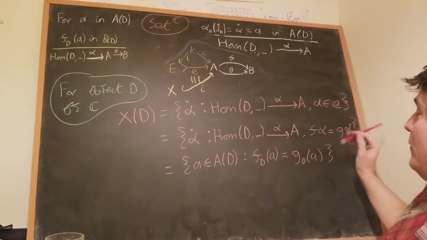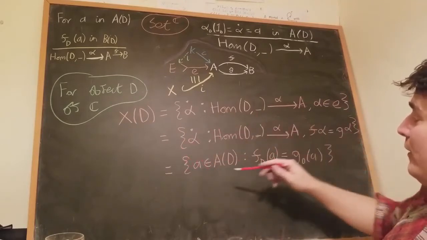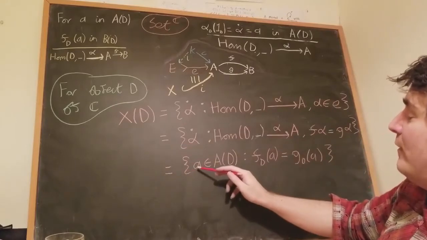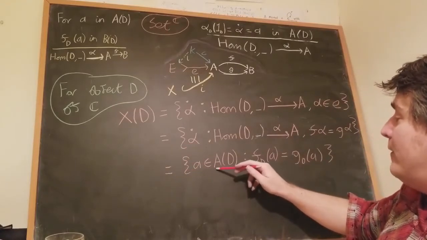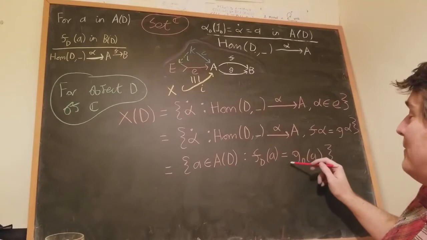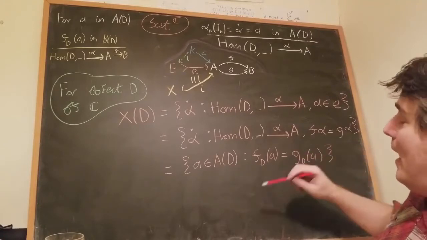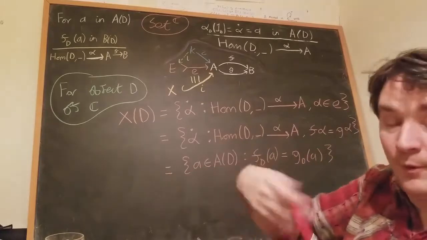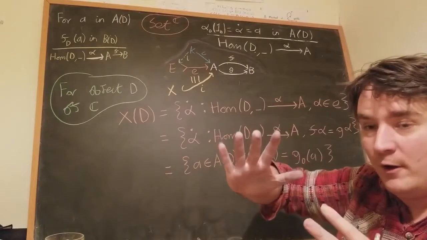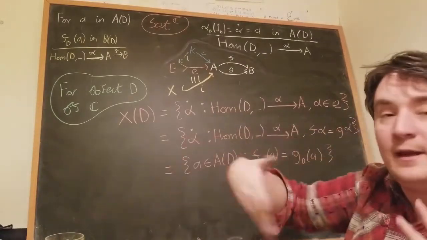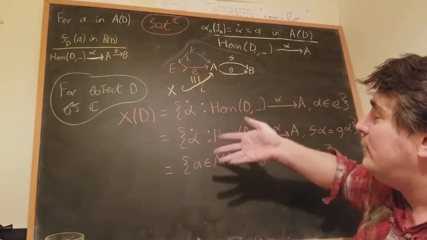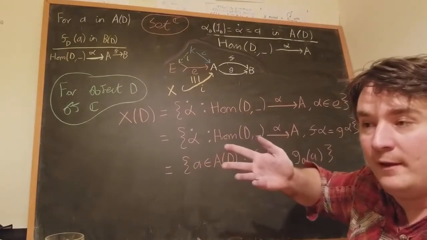So if we do this translation, we just get that this is equal to the set of elements little a of capital A of d, such that doing f on little a gives the same result as doing g on little a. All this is what we understand, right? This is just taking the dth component of what's going on, and this is what the equalizer looks like in the category of sets. So after all this, we see that basically equalizers are pretty simple things.